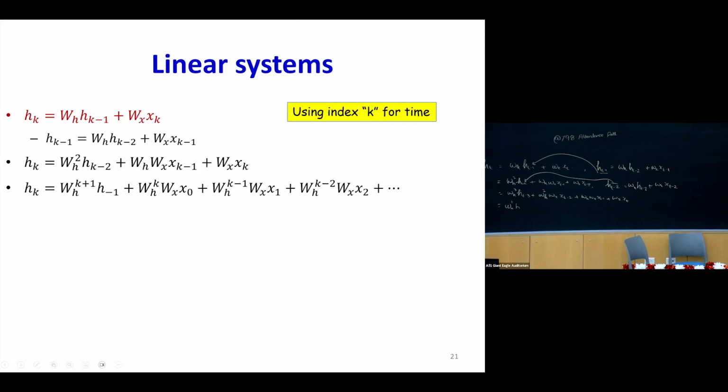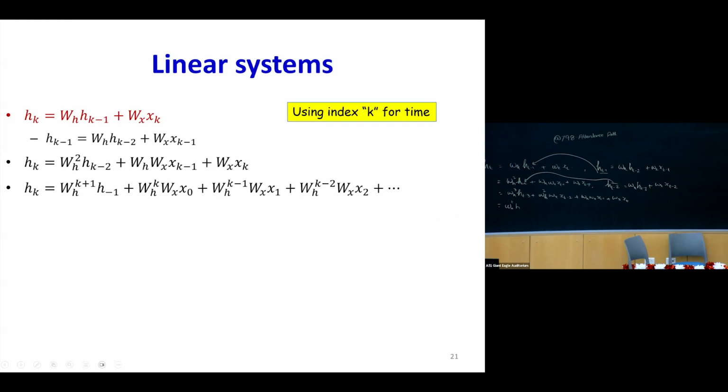We can assume it's 0 for our analysis, times W_h raised to k times W_x times x_0 plus W_h raised to k minus 1 times W_x times x_1. You can ignore the x_k generally, and you will see that the sum of this index and this index is always going to be k, and you're summing over all of time.